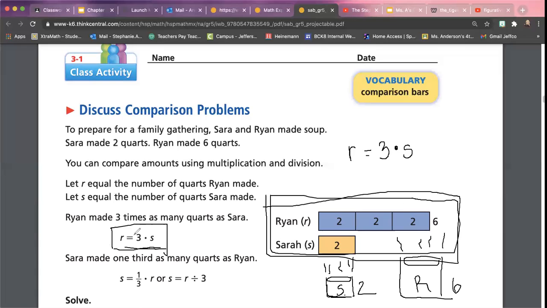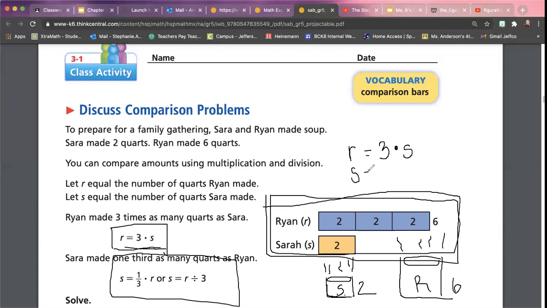So we said Ryan's equals 3 times Sarah's, or the other equations that could go with this is Sarah's is 1/3 times Ryan's, or Sarah's equals Ryan's times 1/3. So this is exactly how we were saying before.